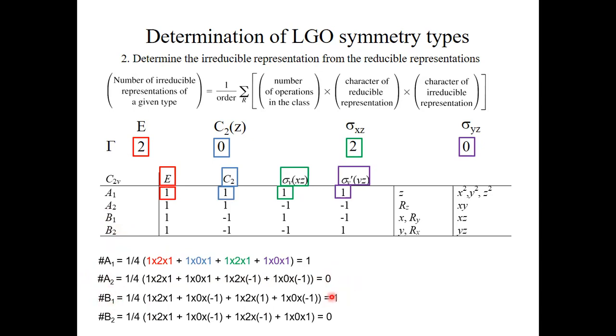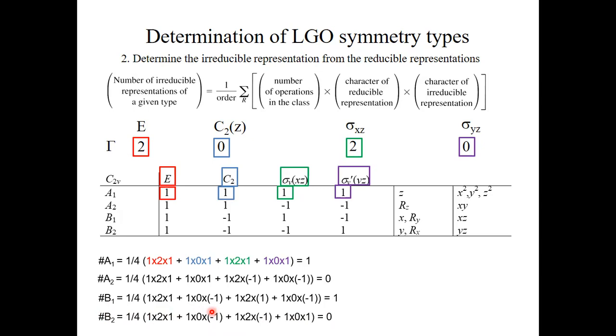That means that our second ligand group orbital that we're looking for has the symmetry type B1. That means, of course, that we are finished now, and the number of irreducible representations of the symmetry type B2 must be 0. But if we applied the reduction formula to the symmetry type B2, this is exactly what we would find.